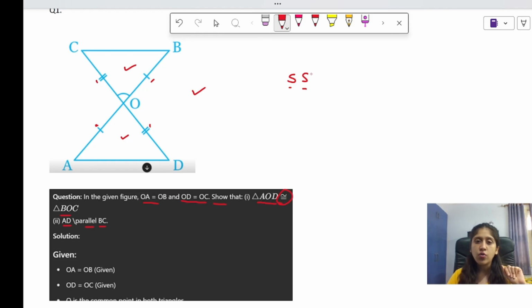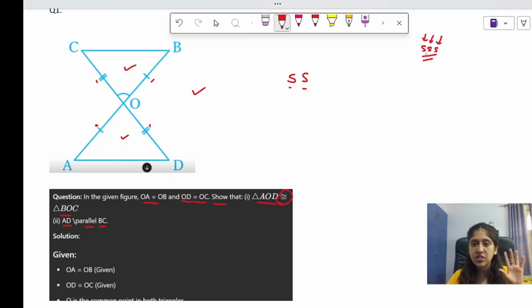Okay. First of all, first think this. I told you कभी भी any rule that applies is applied to consecutive things. Yes, I told you कि अगर मैं SSS बोल रही हूँ, sorry, so if I am telling I have applied a rule SSS, what does that mean? That all the sides which are equal of two triangles are consecutive.